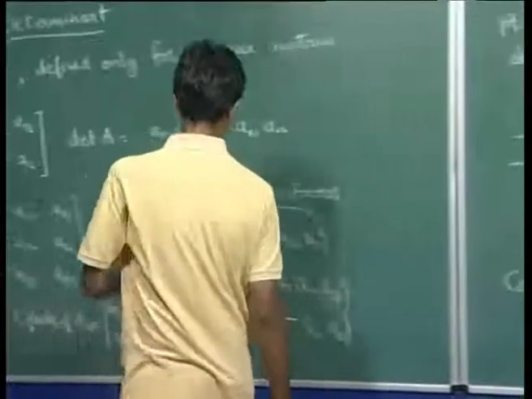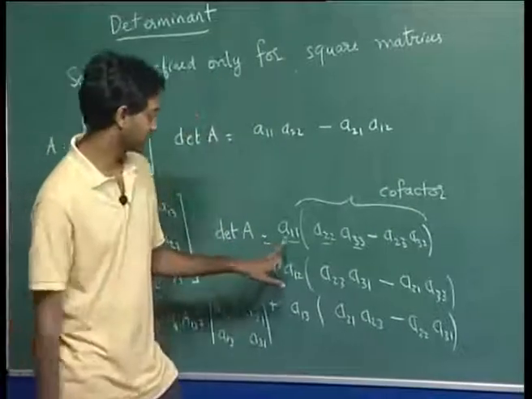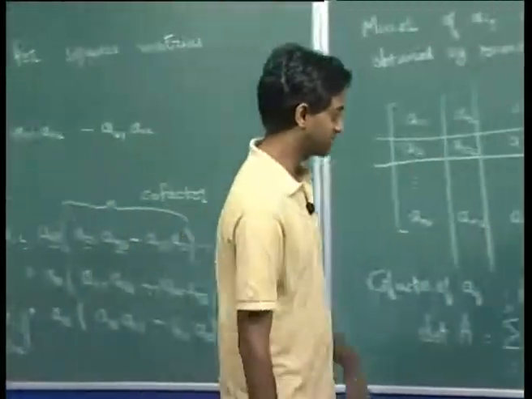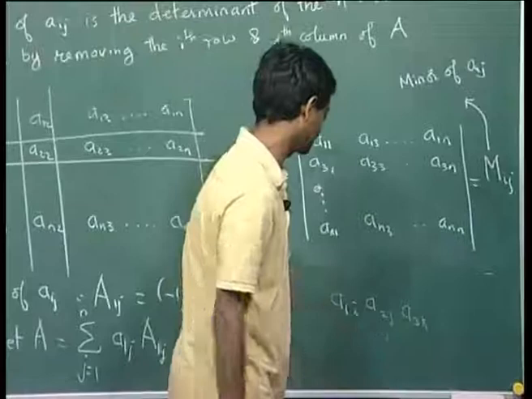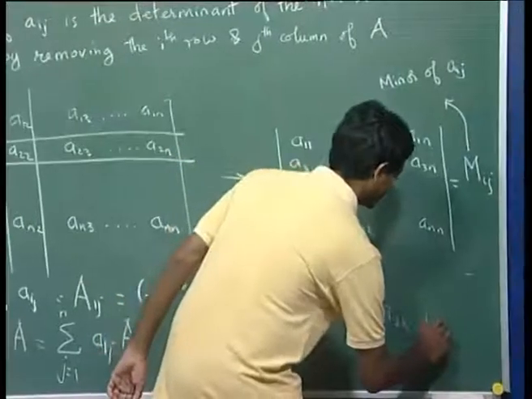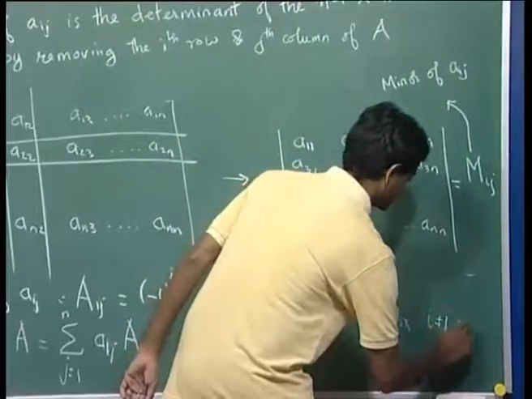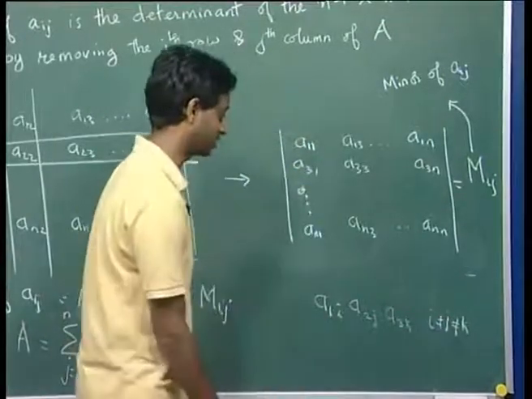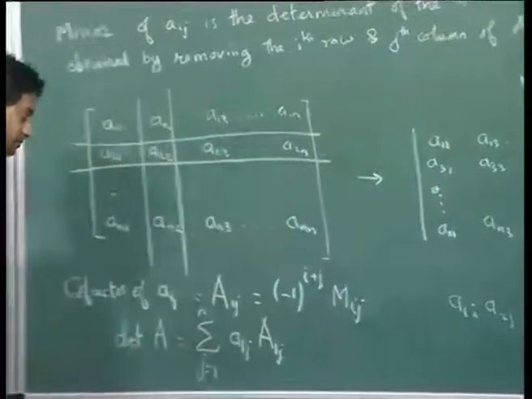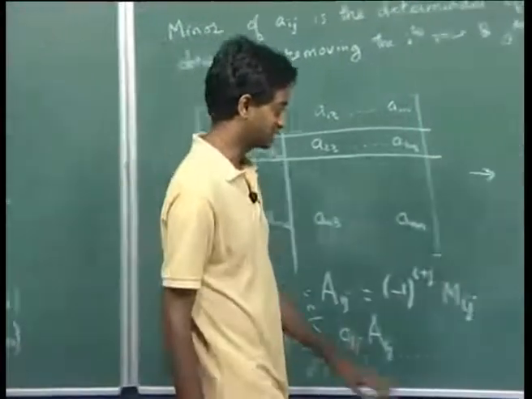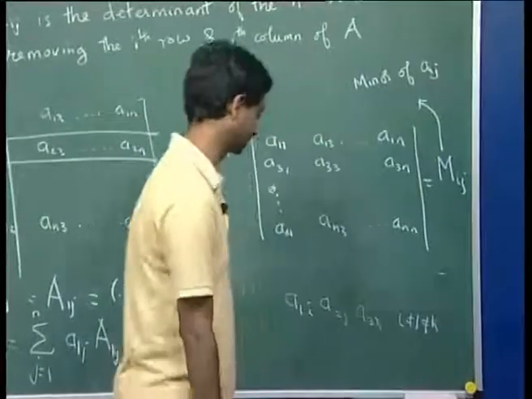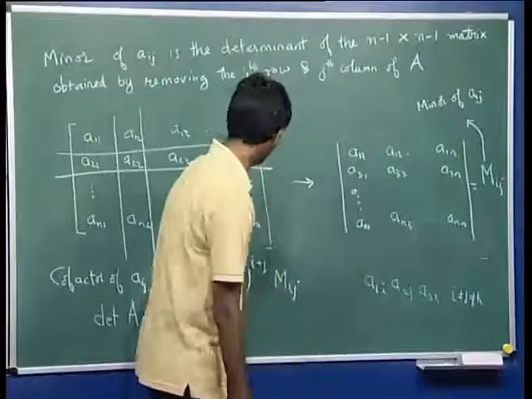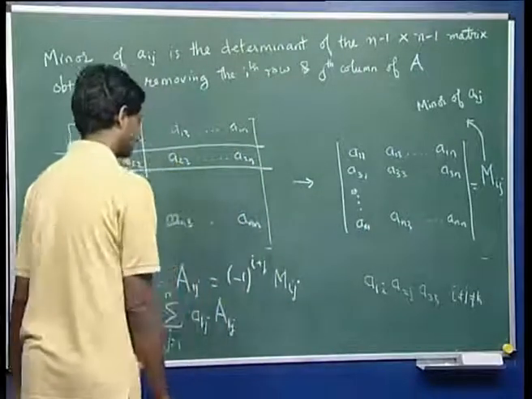So notice that each term has this form A1i, A2j, A3k, where i, j, k are all distinct. So i is not equal to j, i is not equal to k, and j is not equal to k.